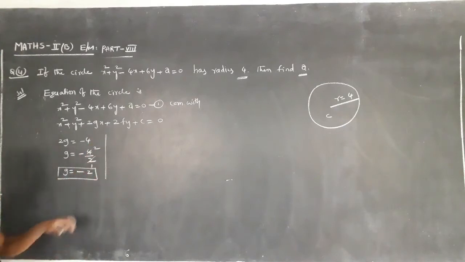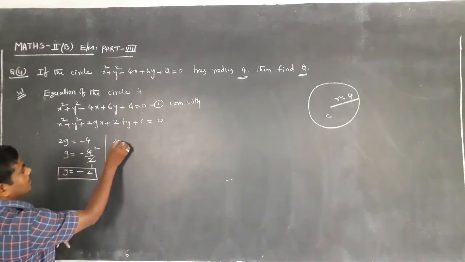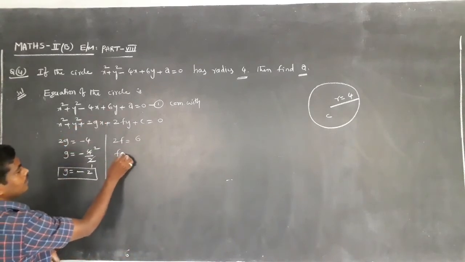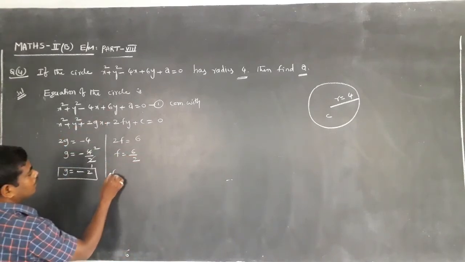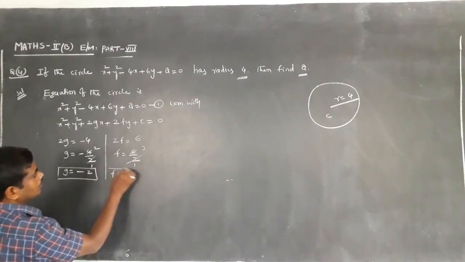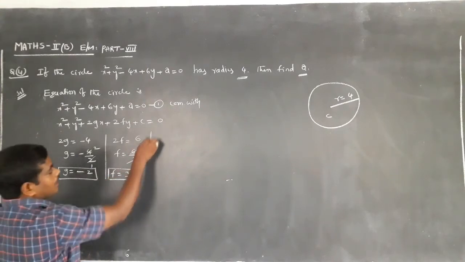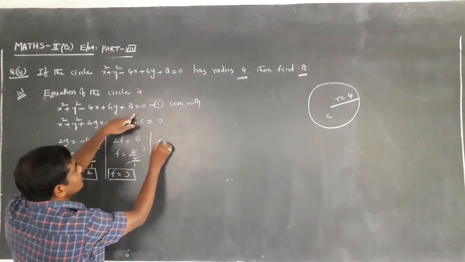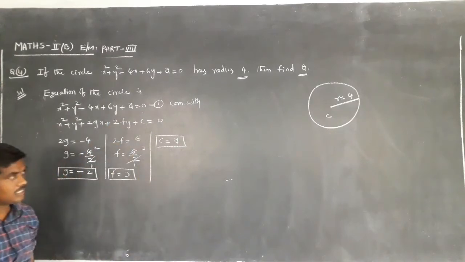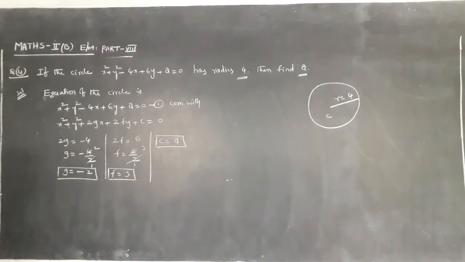Comparing the y coefficient, 2f is equal to 6, f is equal to 6 by 2, so f equal to 3. Again the constant c is equal to small a.